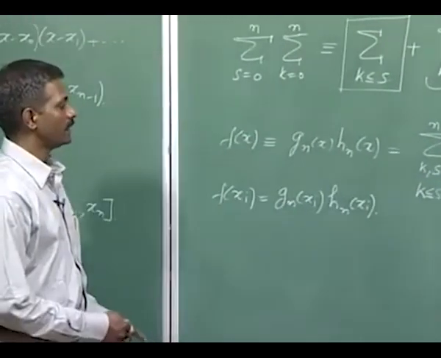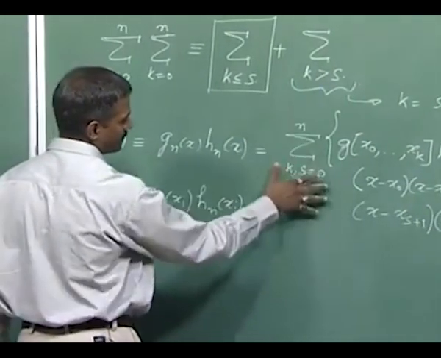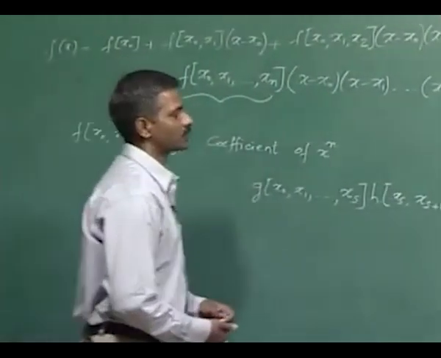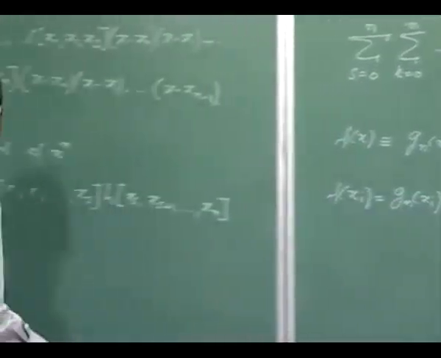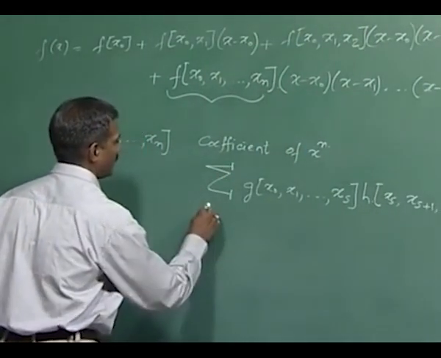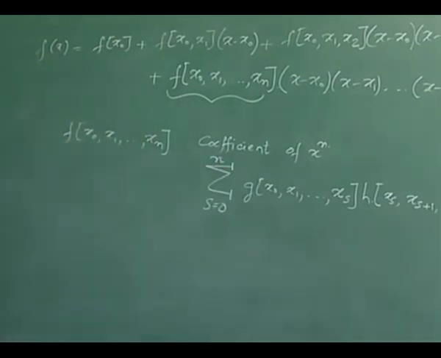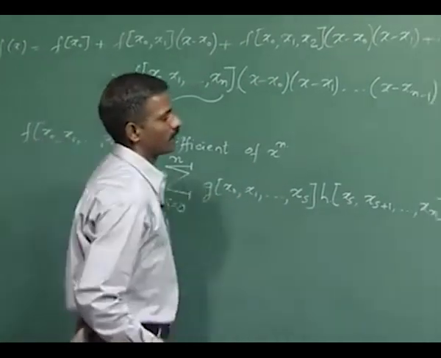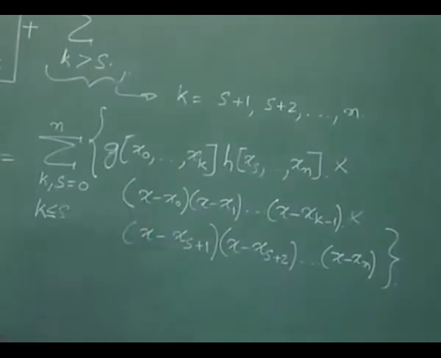How about incorporating summation in s? This is a double summation sign. The constraint here is only on values of k. So we incorporate summation in s, s would go from 0 to n. And so this expression would correspond to the coefficient of x raised to n.